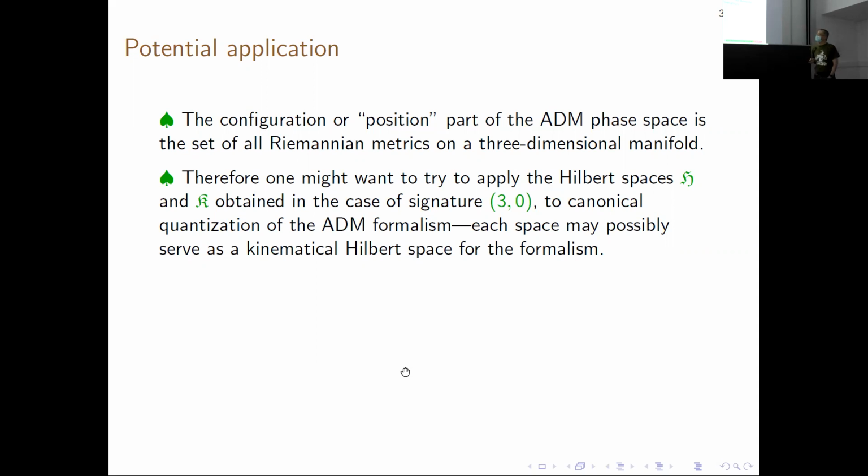So first I tried to find a space of quantum states for this signature, and then it turned out that the construction is general in the sense that it works well without any essential modification for any signature and for any dimension. But that does not allow for the change of topology. The topology is fixed. Yes.